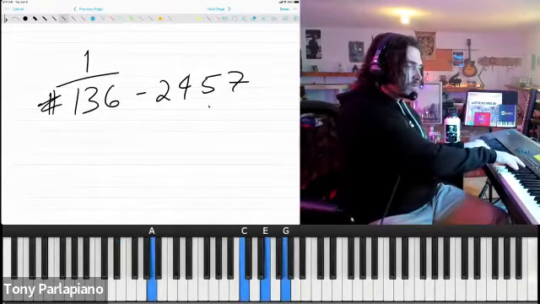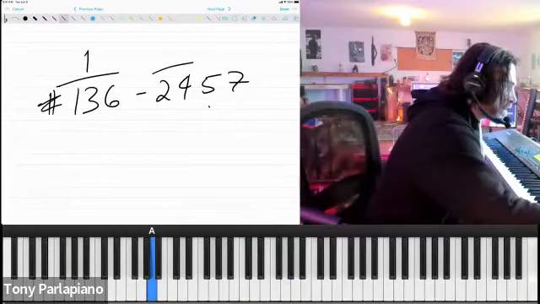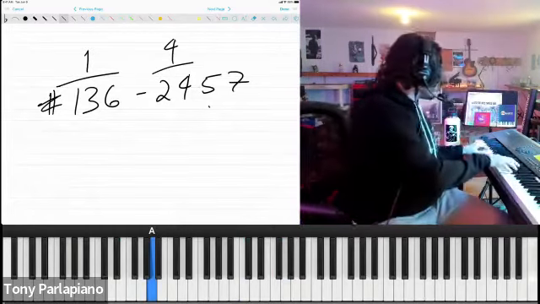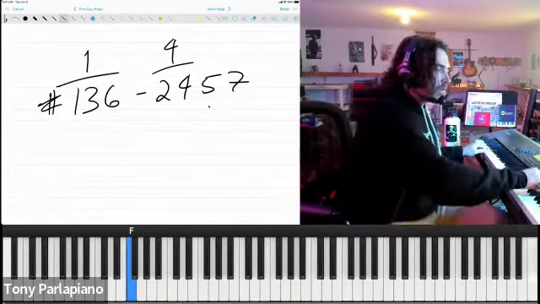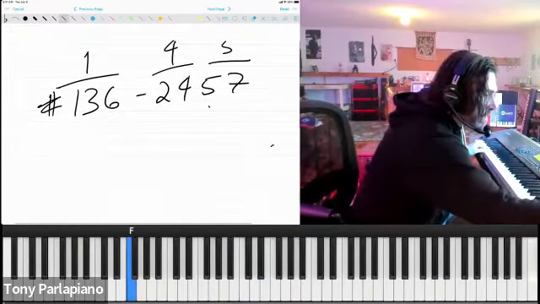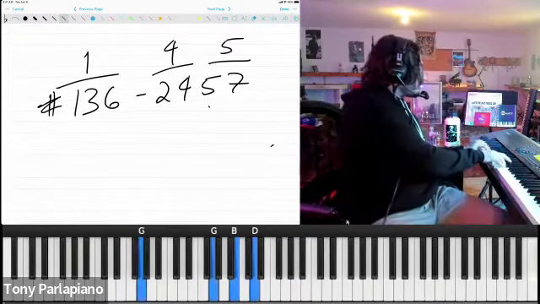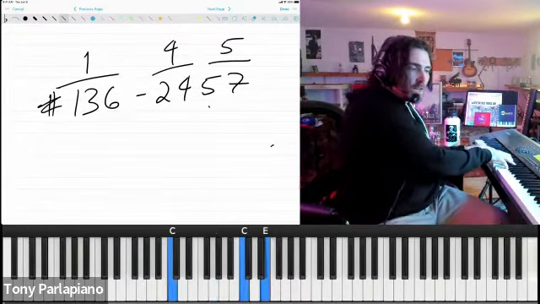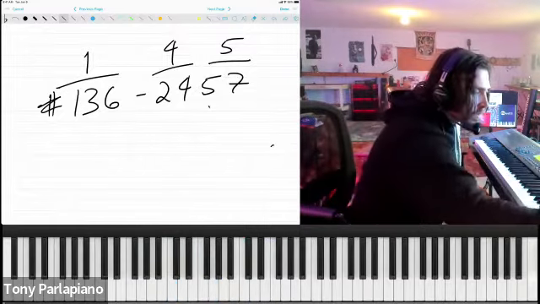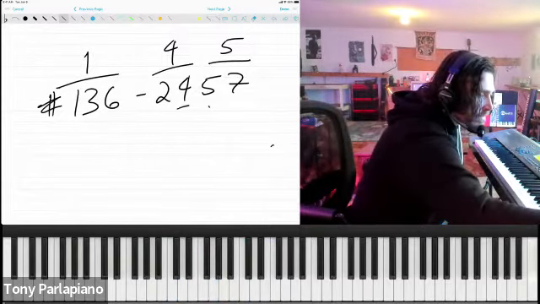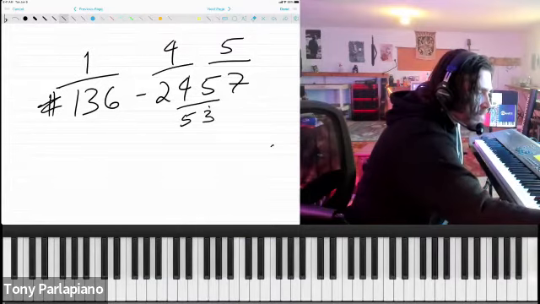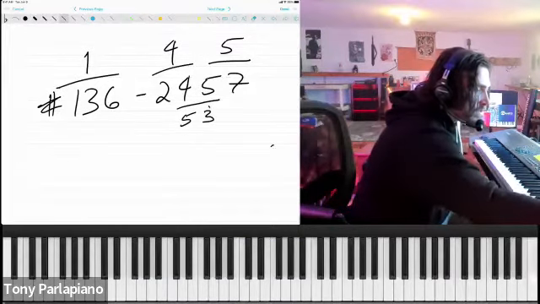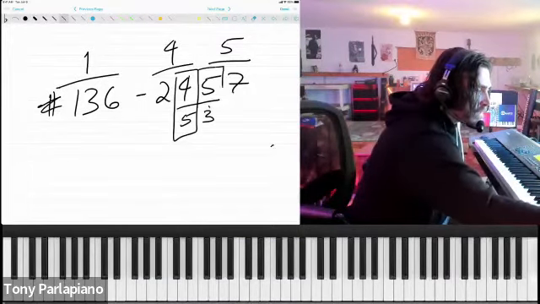As we get over here, we have the 4 chord over the 2 and the 4, and the 5 over the 5 and the 7. Then those 2 numbers underneath, our 5 and our 3, those were the alternate roots. It's the 4 over the 5 and the 5 over the 3.